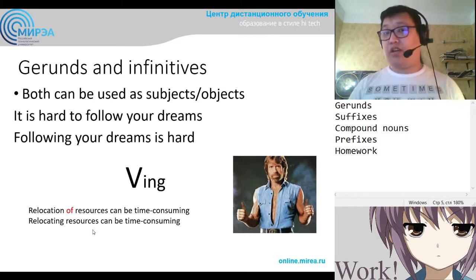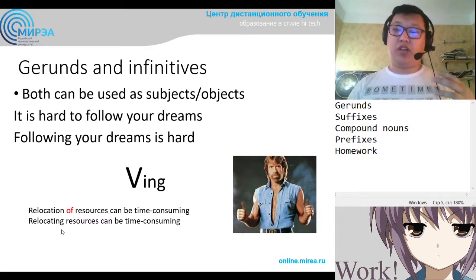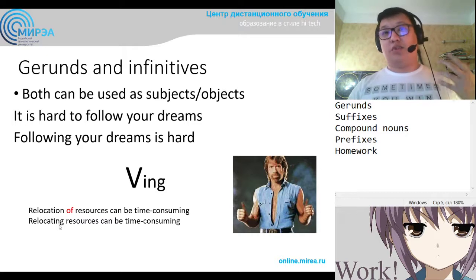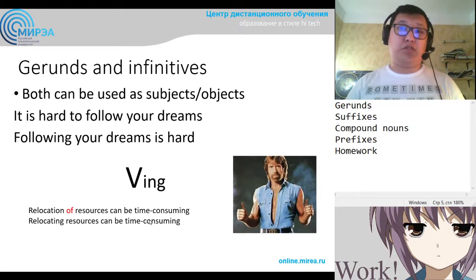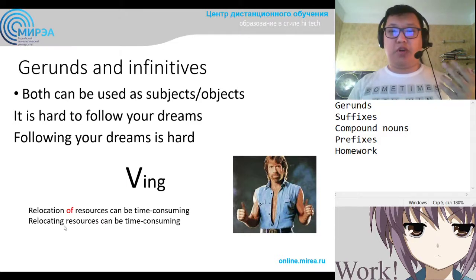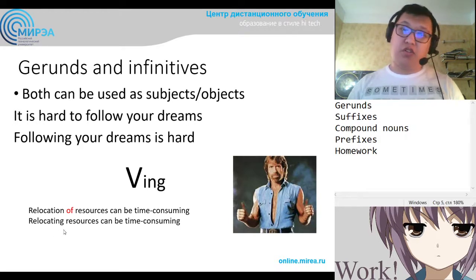Of course, you can say that relocating resources, this gerund here, looks the same way the participle one looks, relocating, перемещающиеся или перемещающие. But if you look at the context, you will see that you can't mix them up. Relocating resources is definitely here a noun kind of structure, not a participle.